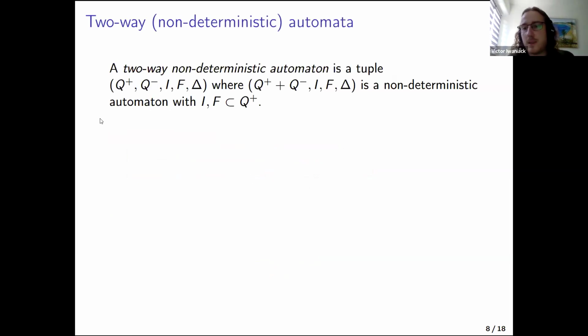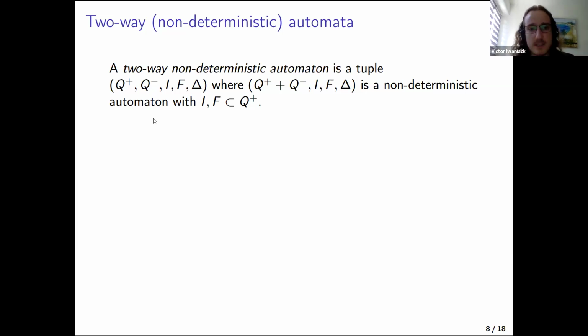So for now, the automata were one-way because they were reading the word from left to right. And now we will allow the automaton to go back and forth in the word and then end the reading and decide whether it accepts the word or not. How do we do that?